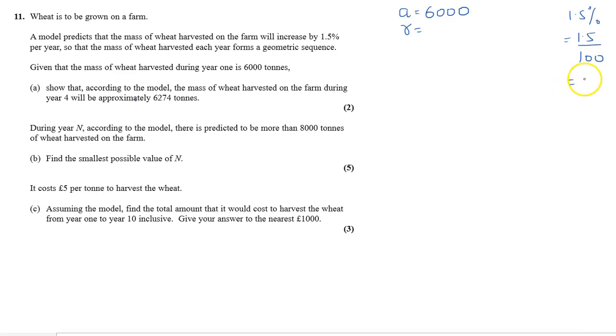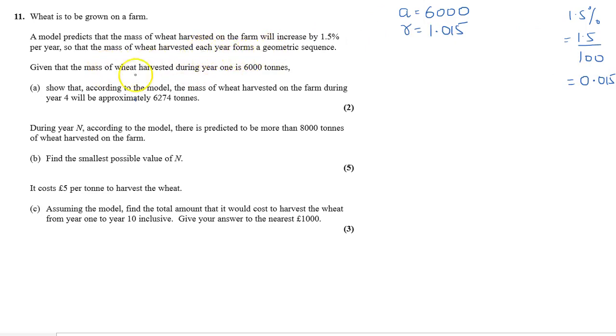So that is 0.015. So it is increasing, so r will be 1.015. This is the most important point here to be noted. r is equal to 1.015. It is increasing. Had it been decreasing, it should be negative.